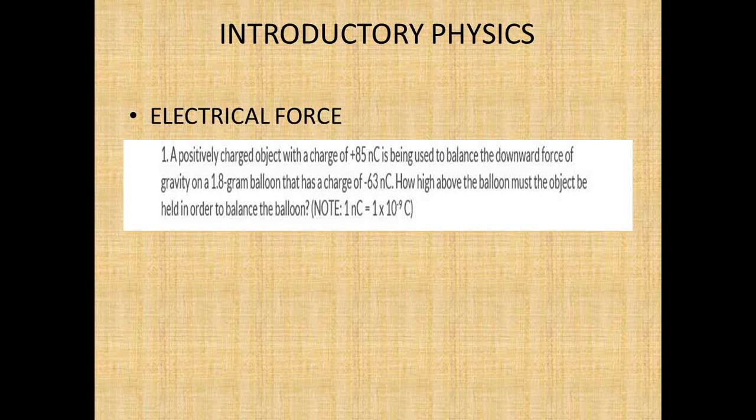When you approach these questions, you draw it and then use a free body diagram just outlining the forces. Okay, so we have a positive charge object with a charge of plus 85 nanocoulombs, being used to balance the downward force of gravity on a balloon.